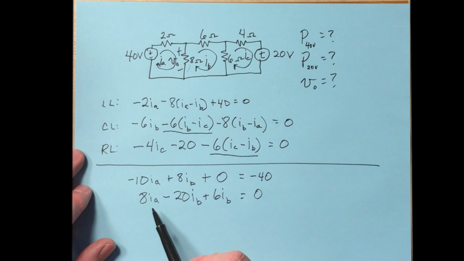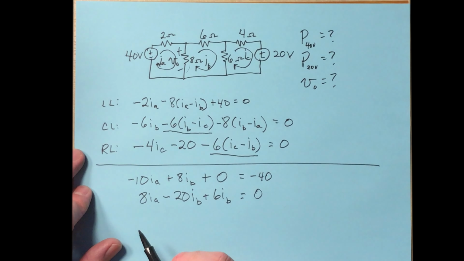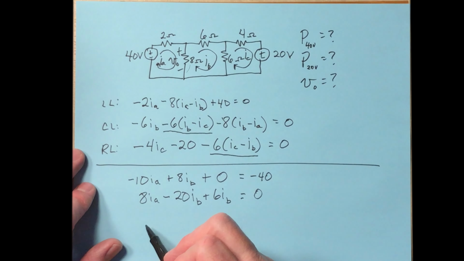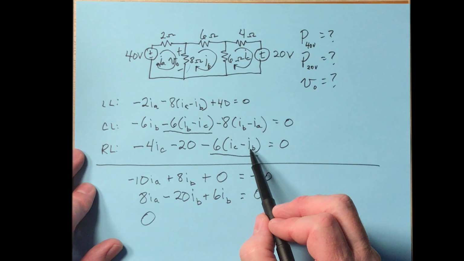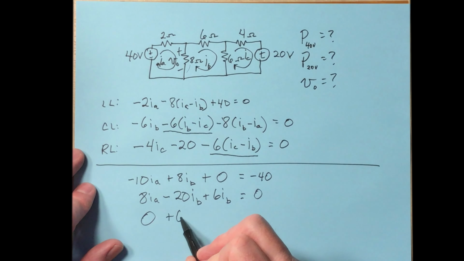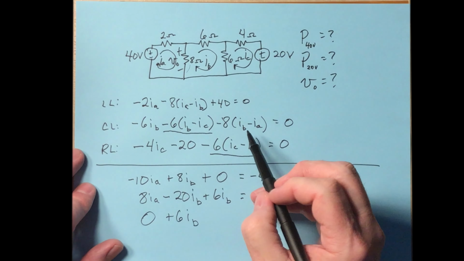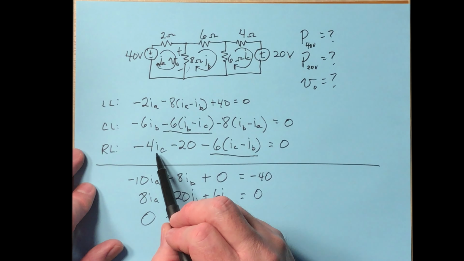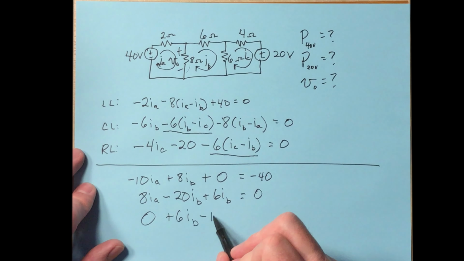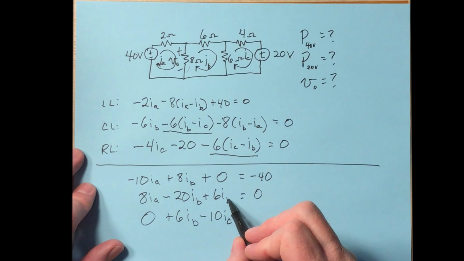All right, let's go now to the third one. No I sub A's, so let's put a 0 there. I sub B's, looks like we've got a positive 6 I sub B. And then we've got a negative 6 here and a negative 4 there, so that's going to be negative 10 I sub C. I think I just made a mistake.